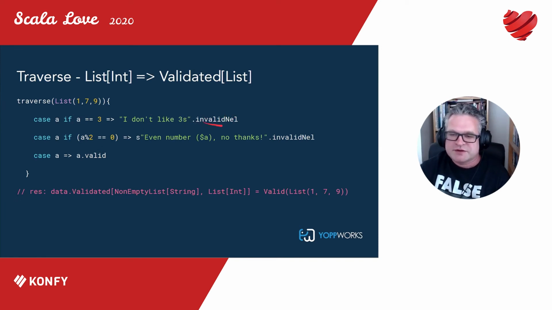And this invalid null means it's an invalid non-empty list. So we're going to have a list of strings which are errors, and they're going to be in a list that can't be empty, because we can't have no errors. We can only have one or more errors. So when I call this on numbers that are all good, what I get back is a valid, and then the list of the valid numbers.